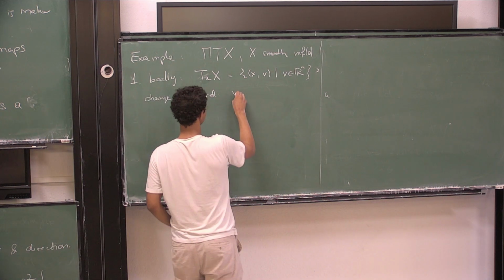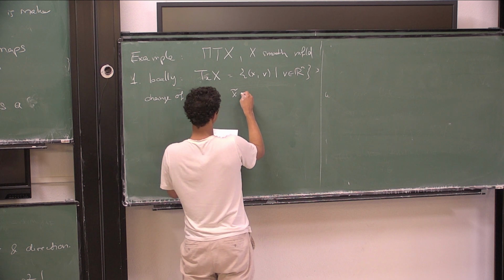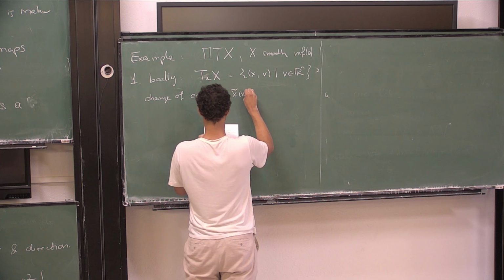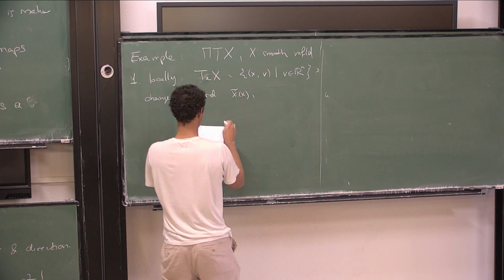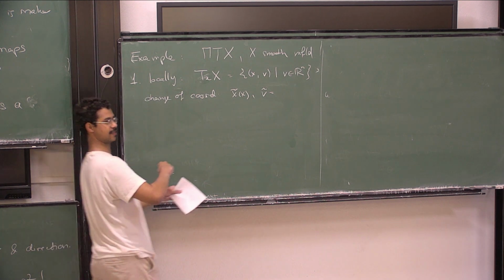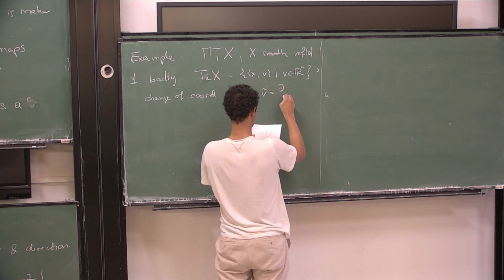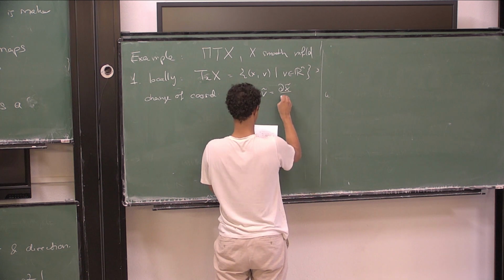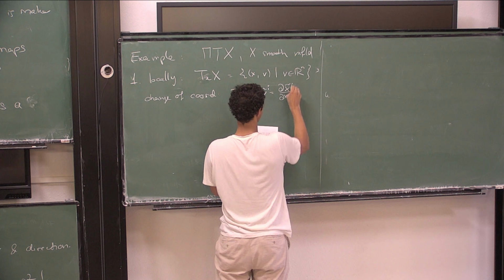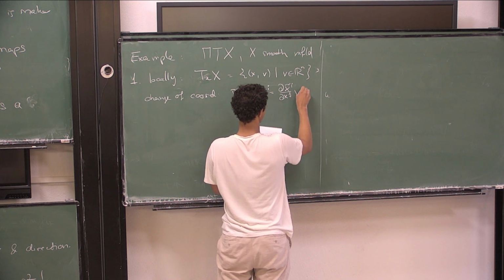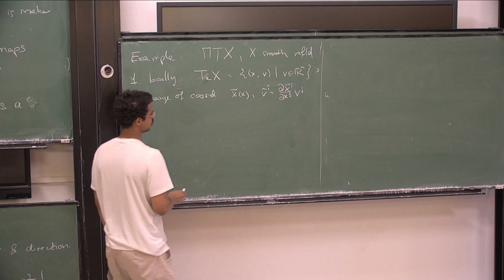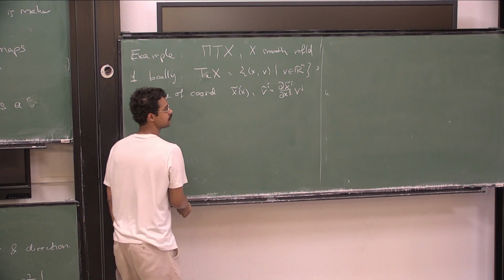How would you do this? If X tilde is a map of X, and the corresponding V tilde should transform as a vector, it just transforms with the Jacobian. So let me give you indices here.